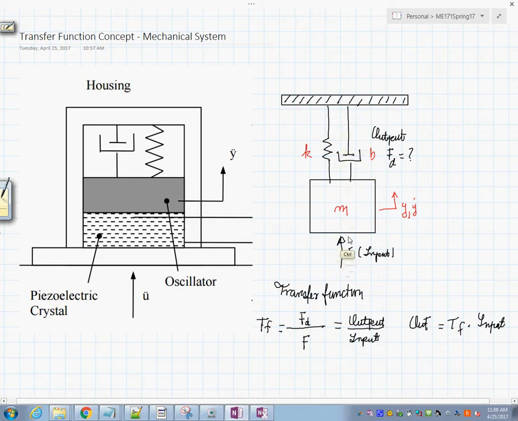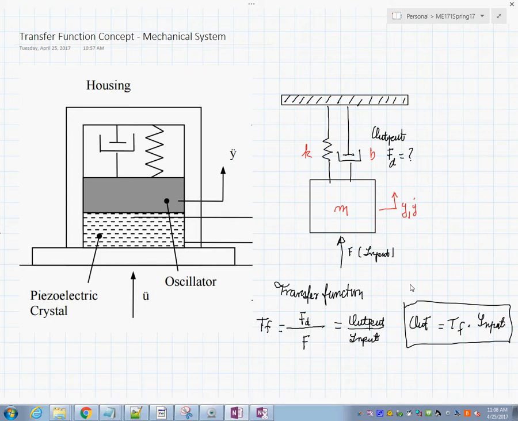That's my output. This is my input. We want the relationship between these two in such a way that if we have that relationship, we could use this concept. Isn't it true that if I know the so-called transfer function and I know the input, we should know the output? That's the idea. So it's a very simple concept, what the transfer function is.